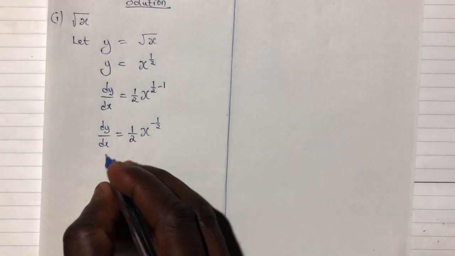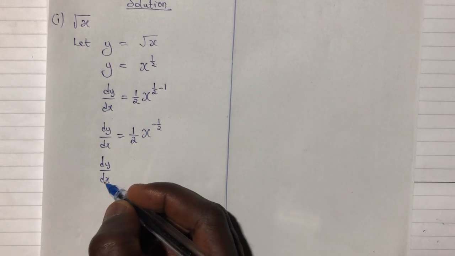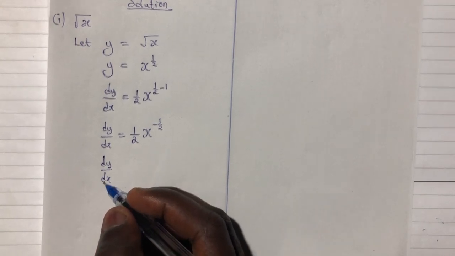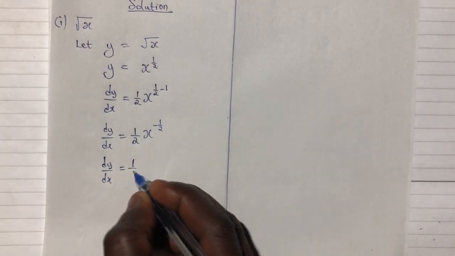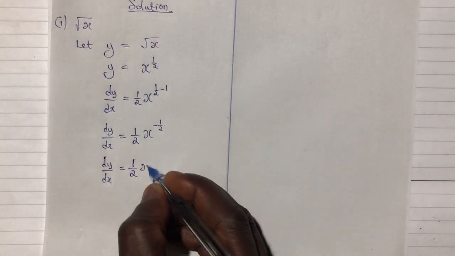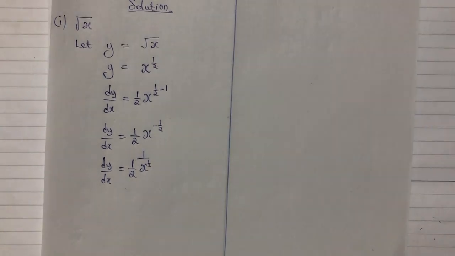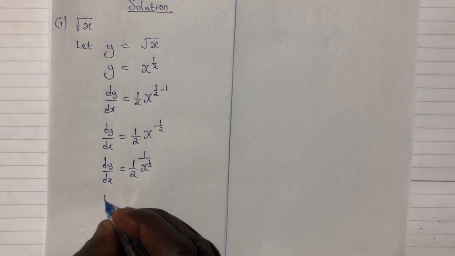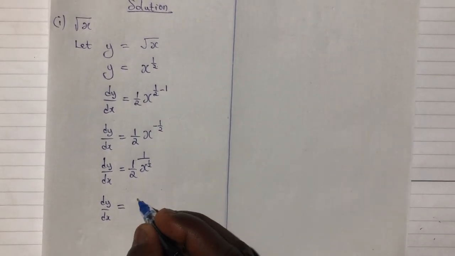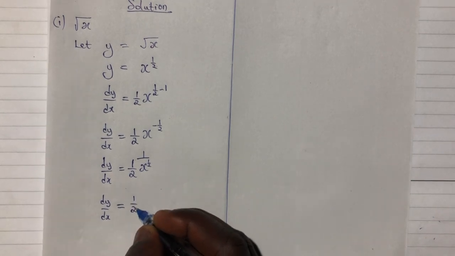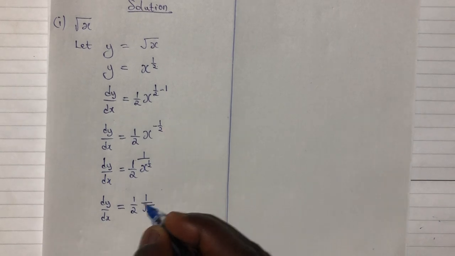So here my dy dx will be equal to 1 out of 2 times 1 over root of x.